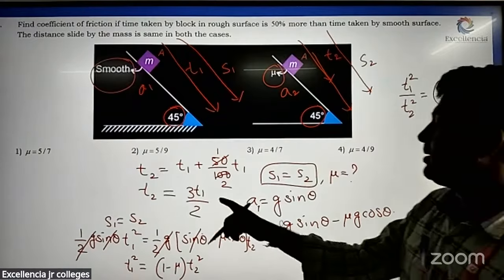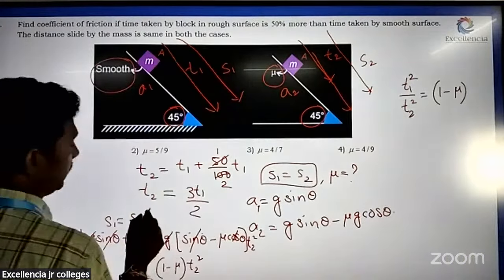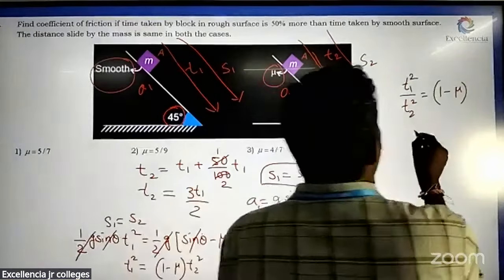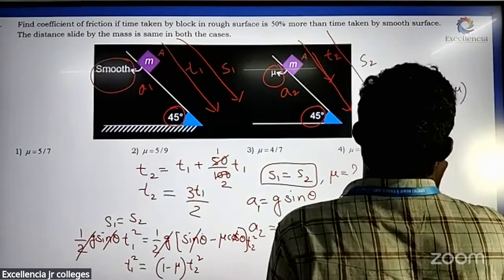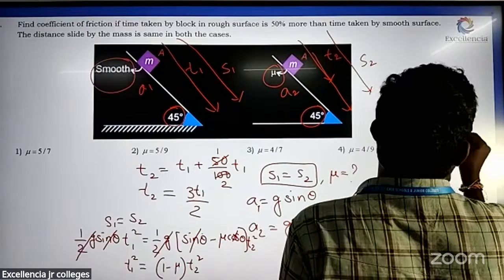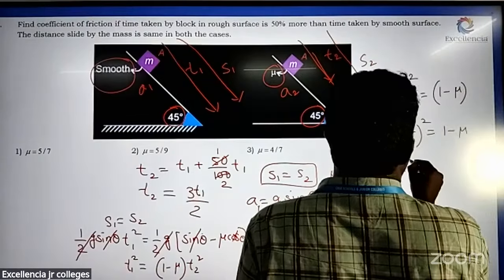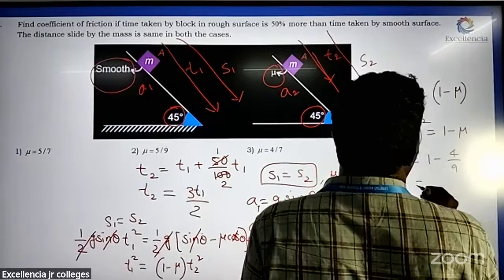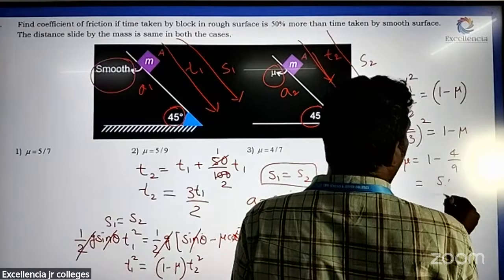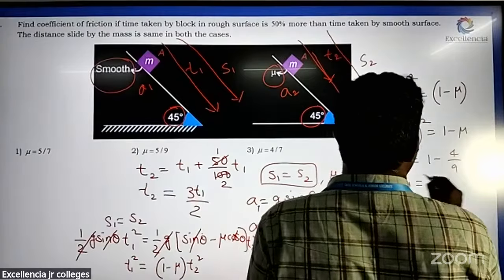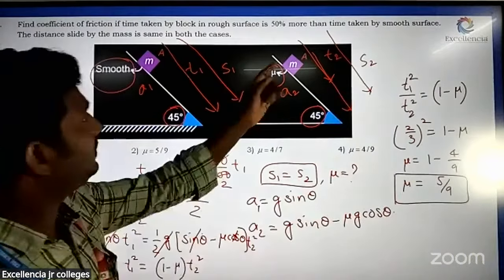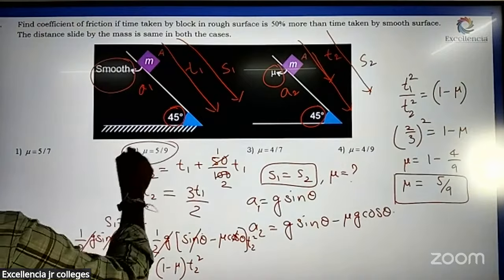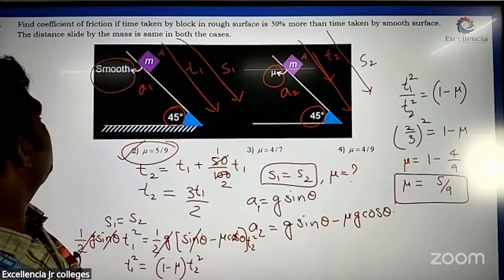The value of T1 by T2 is 2 by 3, so 2 by 3 whole square equals 1 minus mu. So 1 minus 4 by 9, and we get 5 by 9 as the coefficient of friction for this rough surface. The second option is the correct option.